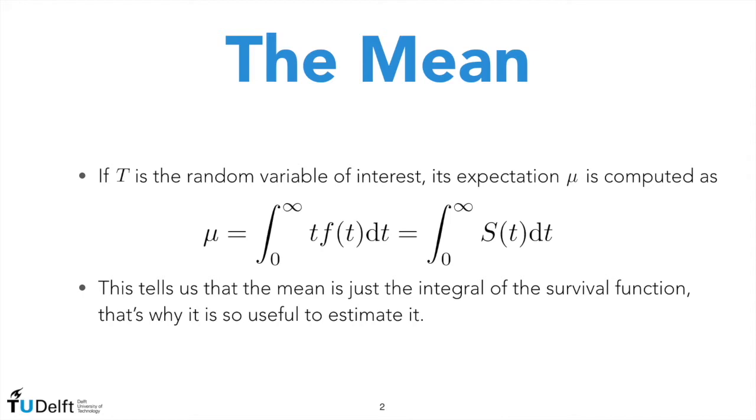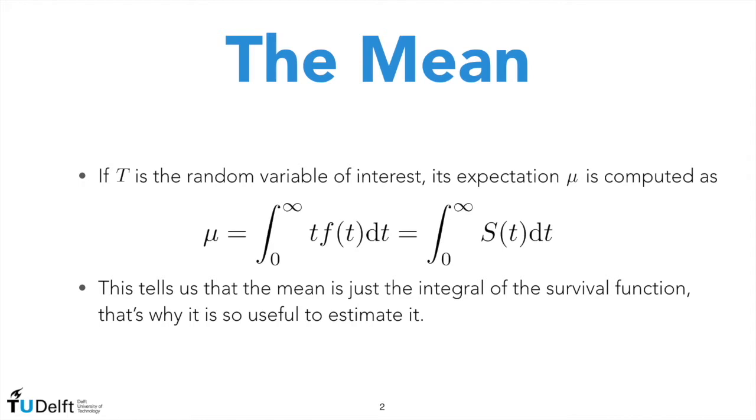a negative quantity. But by using integration by parts and noticing that f(t) is nothing more than minus S'(t), that is to say the first derivative of S(t), and by applying boundary conditions like S(0) equal to 1 and S(infinity) equal to 0, that derive from the fact that S(t) is 1 minus F(t), capital F(t), the CDF, the cumulative distribution function, what we can do is to express mu in terms of the survival function.